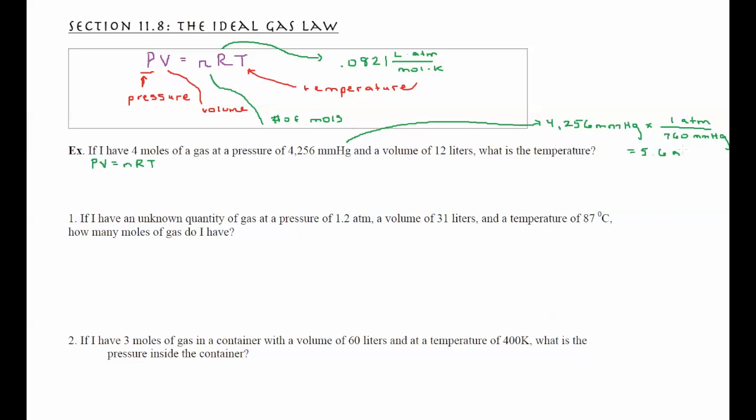So that's the pressure I will use because I need to be in atmospheres based on my R, based on my constant. Volume is in liters. I'm good with that. And now I can solve for temperature. So my pressure is 5.6 atmospheres, times my volume, which is 12 liters.